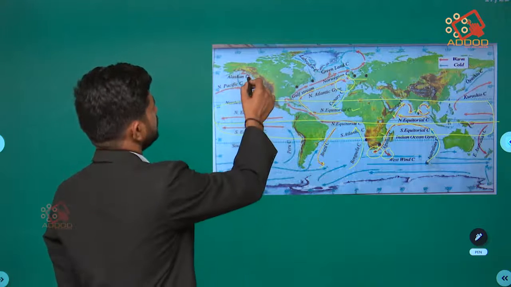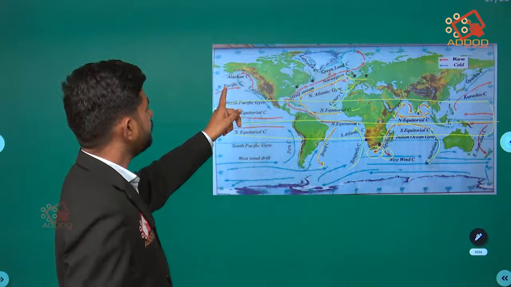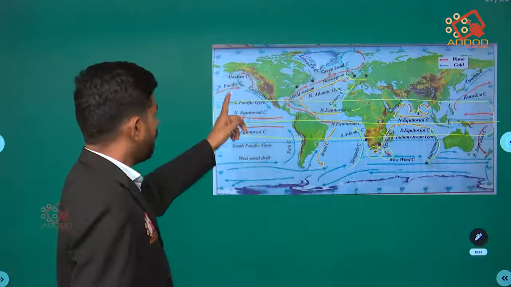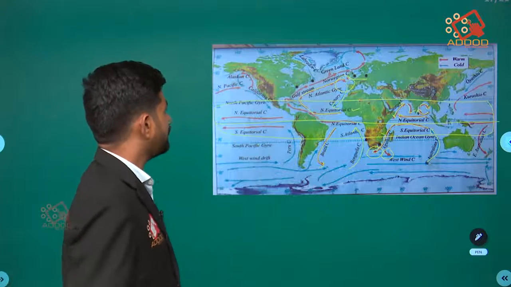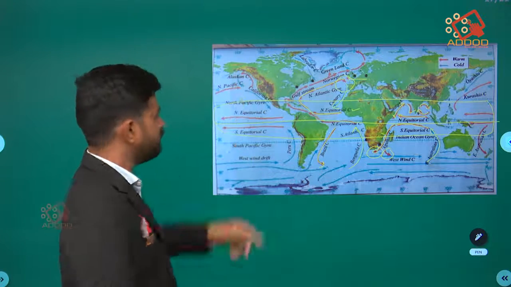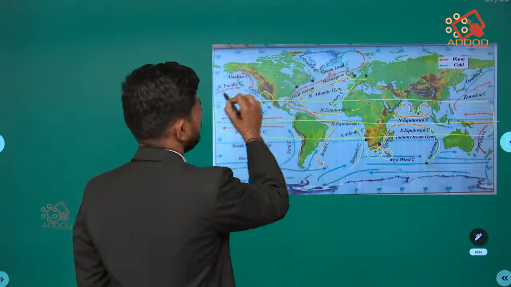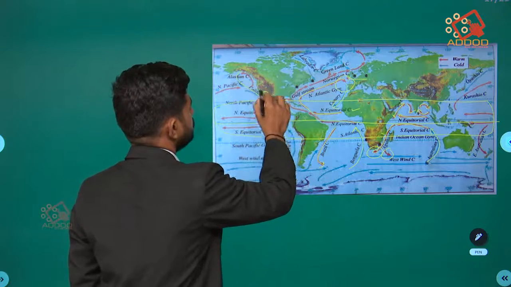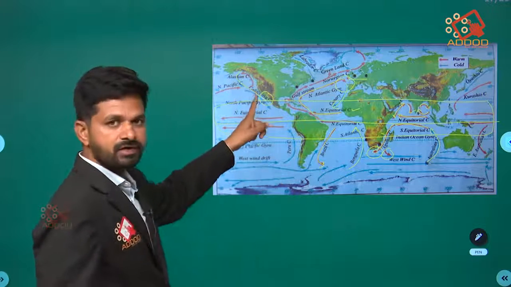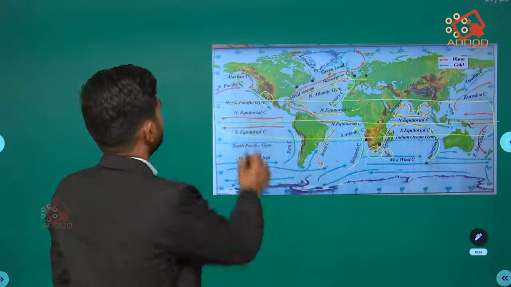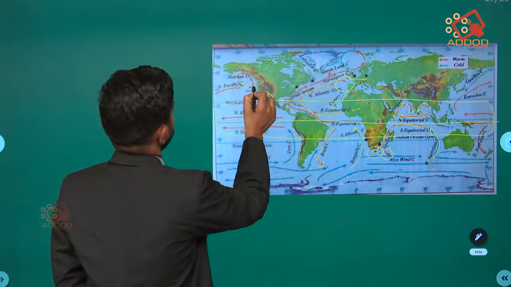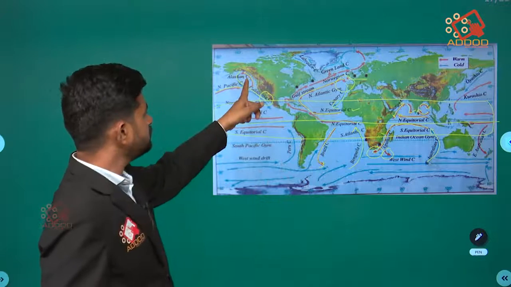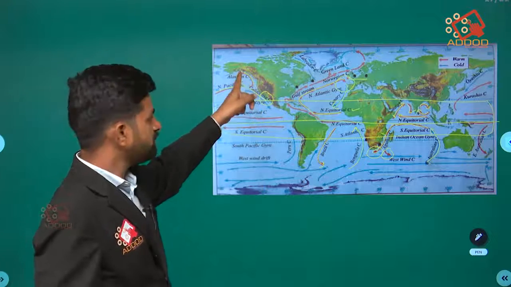And here also, the North Pacific is a hot current, and the Alaska or California current is a cold current. California is here in this area, that is a desert, and water from this area comes towards California. So the California current is a cold current and the North Pacific current is a hot current. This zone is also a very good fish catch.